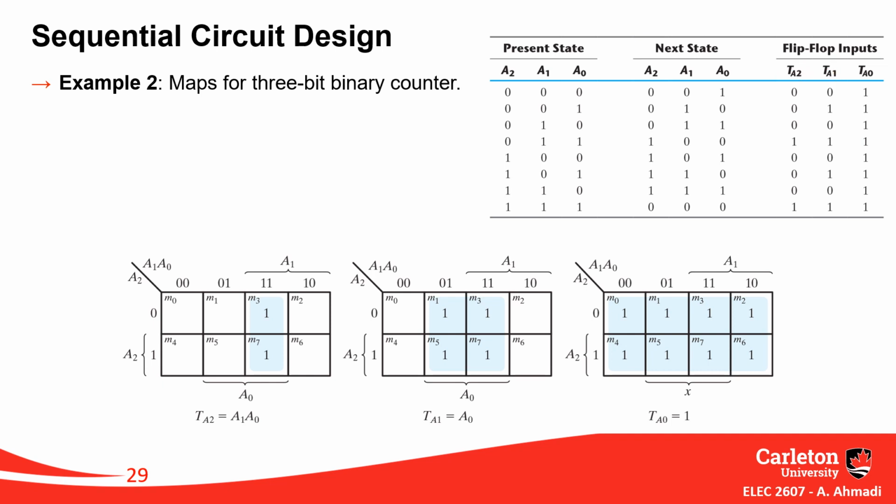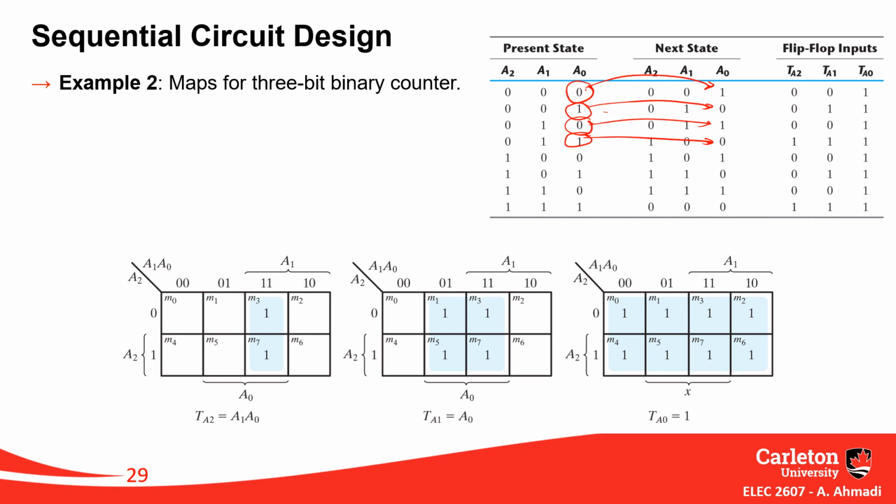Why? Because when you look at the implementation of this, look at each state for A, you see each time it will be toggled. Check this. See, every single time A0 will be toggled.